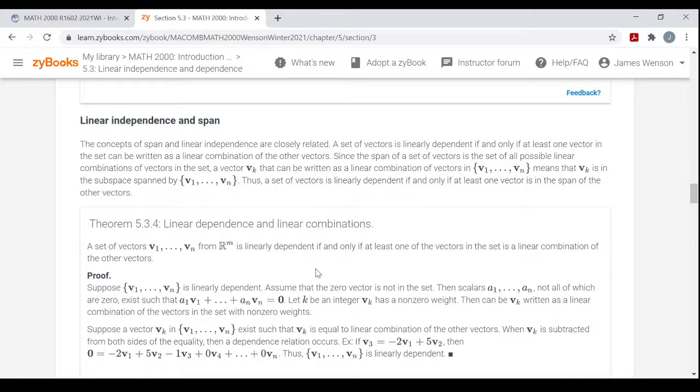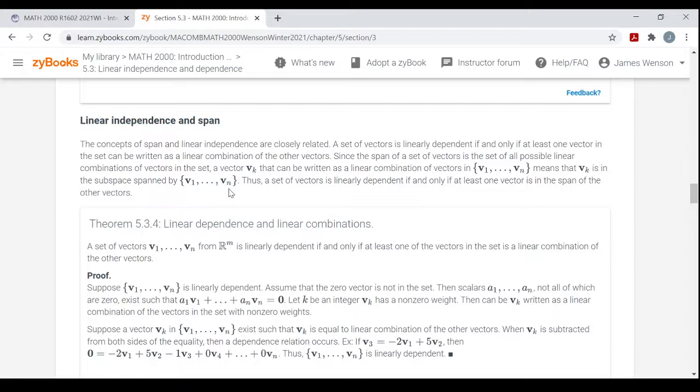Now, what we're going to see here is that if a set of vectors is linearly dependent, that means I can write one of them as a linear combination of some of the other ones. So when I look at the span of those vectors, when I look at all linear combinations of those vectors, the one that can be written as a linear combination of others, I don't need it anymore. We can remove it and get a smaller spanning set. And we'll keep doing this until we get what's called a minimal spanning set.